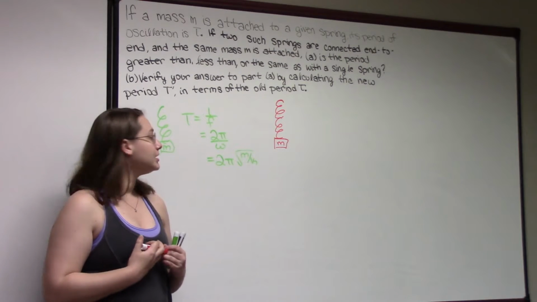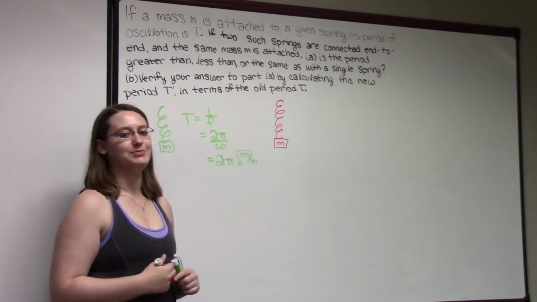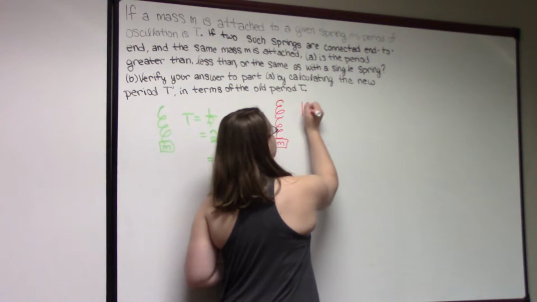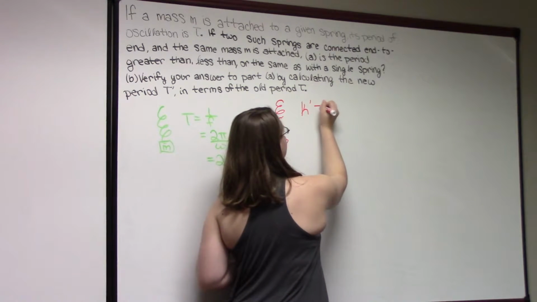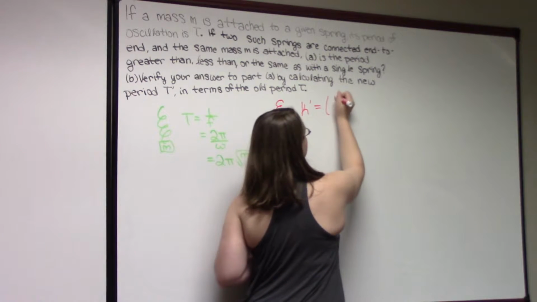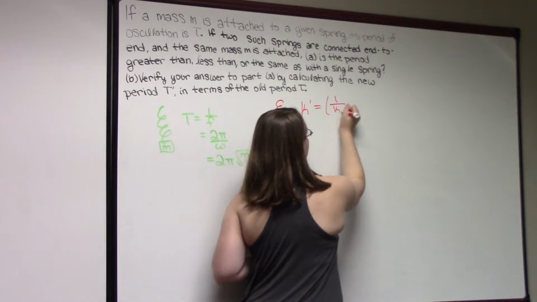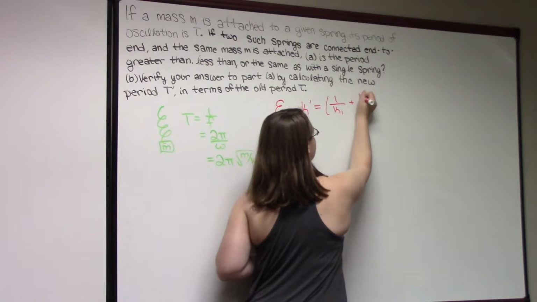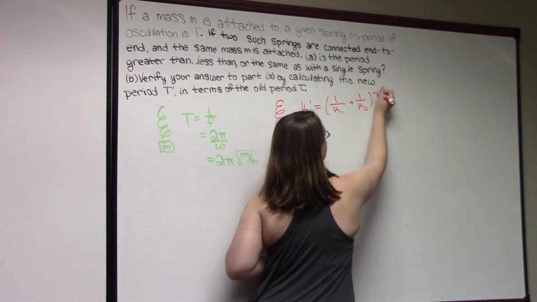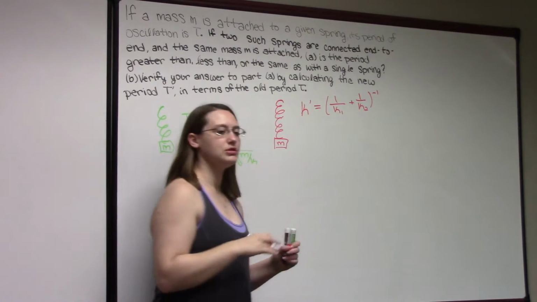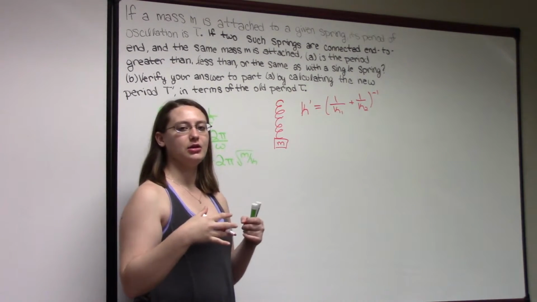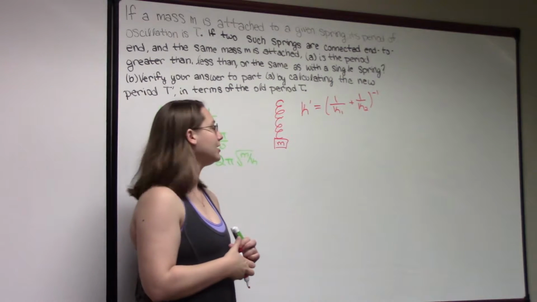So our period of oscillation is not going to be the same. And the way that spring constant changes is by our new spring constant, k prime, equals the inverse of 1 over k of the first spring plus 1 over k of the second spring. So we're going to add those two fractions and then flip it to get our new k, okay, our new k prime.